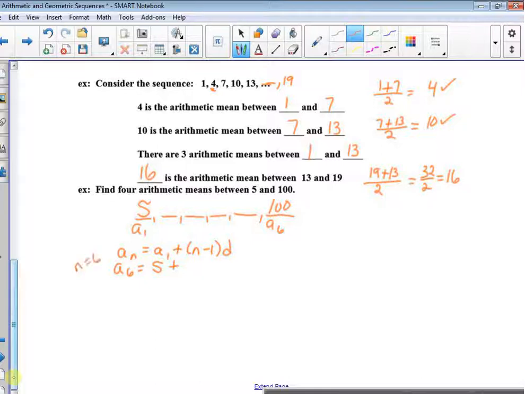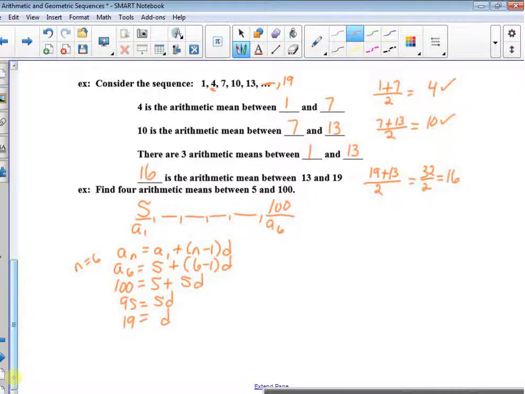So 6 minus 1, and we do not know what d is. And a sub 6 we know is 100, so you can replace that. 5 plus 5d. Then subtract 5, and you'd have 95 equals 5d, and divide by 5. 95 divided by 5 is 19. So the common difference is 19.